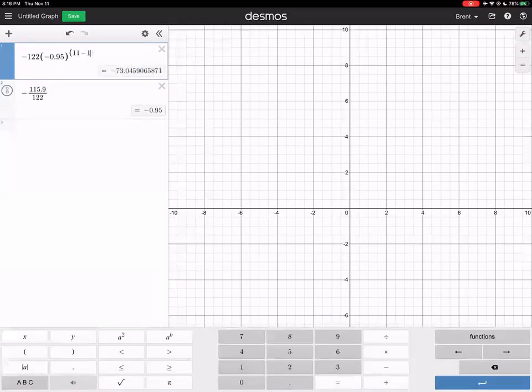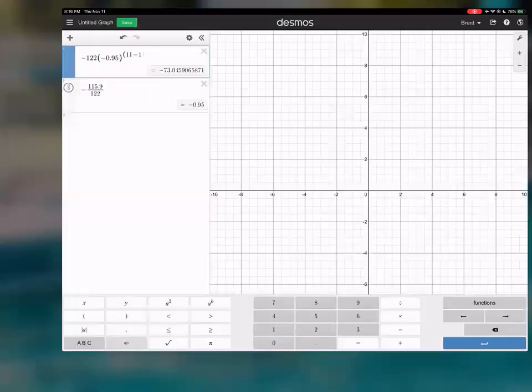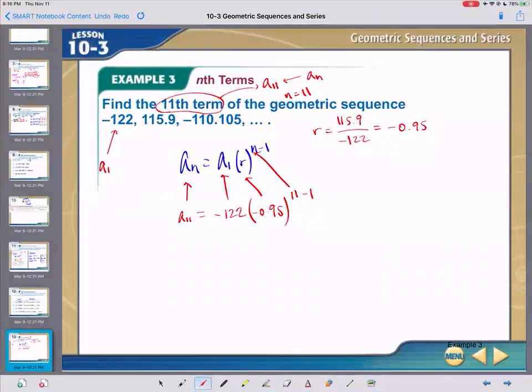And my answer should be, wow, negative 73 point. I'm going to round this to the nearest 1,000, 3 decimal places, because 1,000 has 3 zeros. So negative 73.04, that 9 is going to round up, so it'll be 046. Negative 73.046. And that would be my solution.